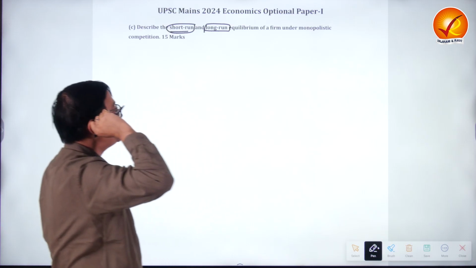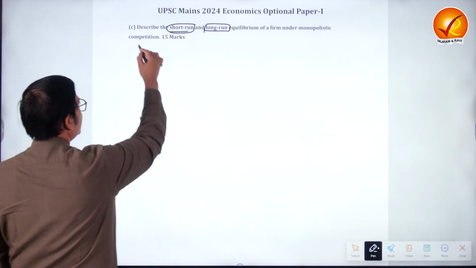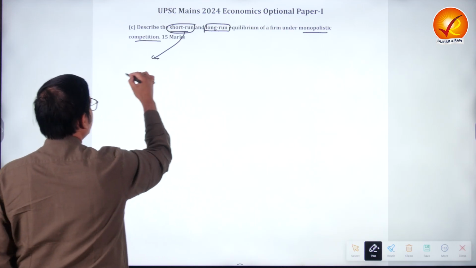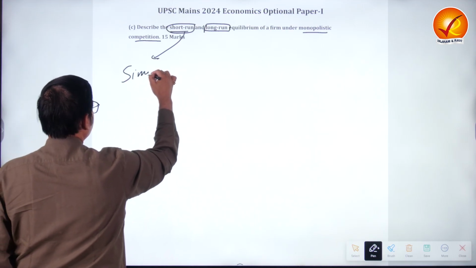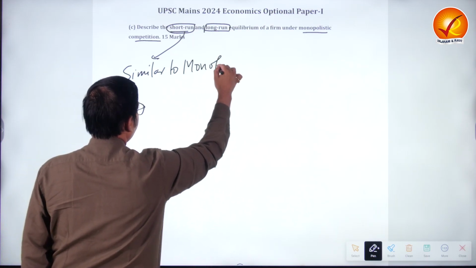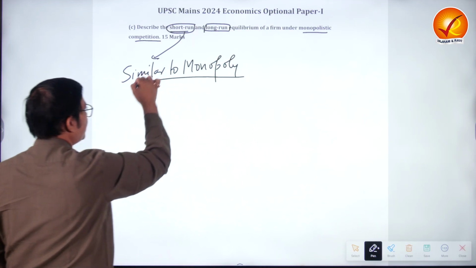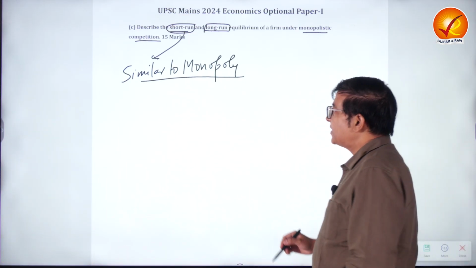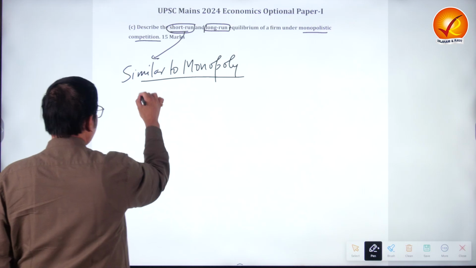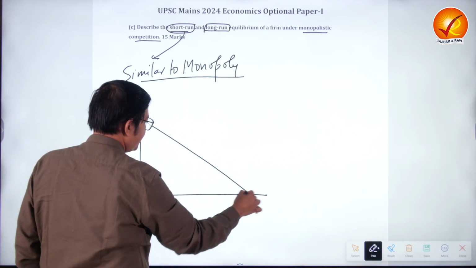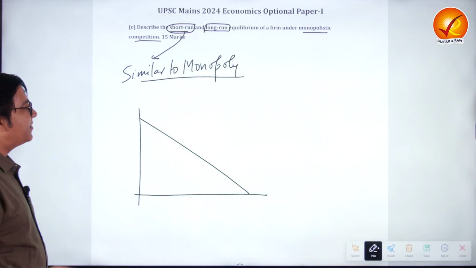Basically, you need two parts to answer. The first one will be easier because the short run monopolistic competition equilibrium is similar to monopoly. In the short run, the monopolistic competitive firm behaves in a similar way as a monopoly. So you can just discuss how the monopoly equilibrium works. In a monopoly, there is typically a demand curve, although you can name it slightly differently here.